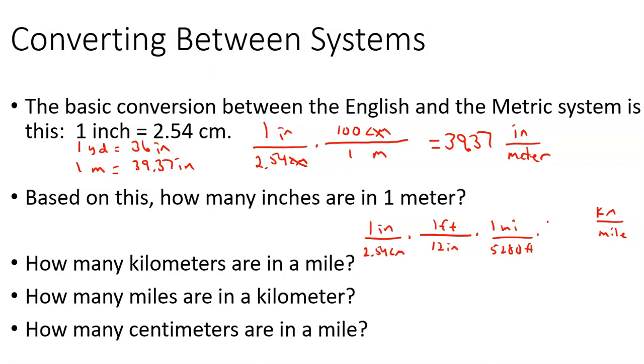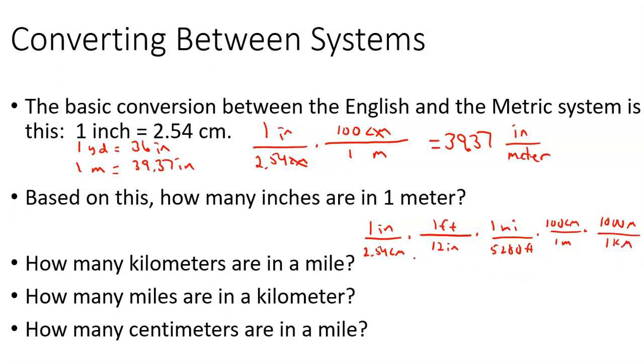And I know that there's, well, I could do this twice, right? I can say that there's 100 centimeters in a meter, and then I can say there's 1,000 meters in a kilometer, and I'm going to come up with the reverse of my answer, and then I'm just going to flip it. All right, so there's 100 centimeters in a meter. There are 1,000 meters in a kilometer.